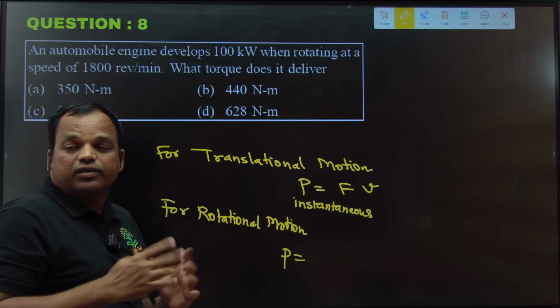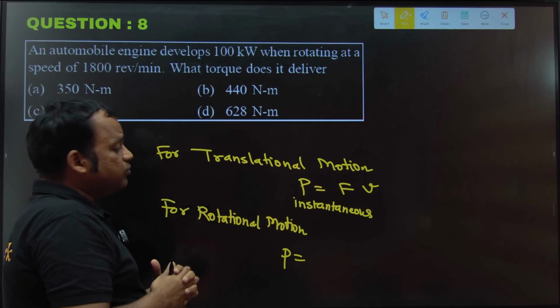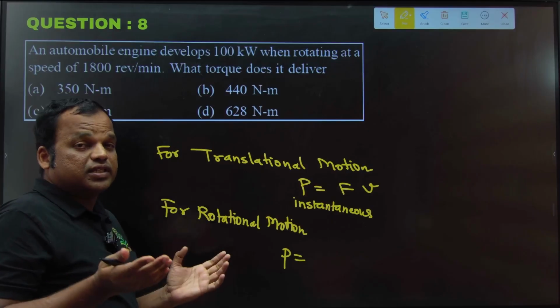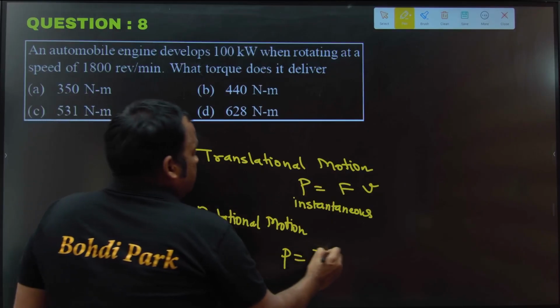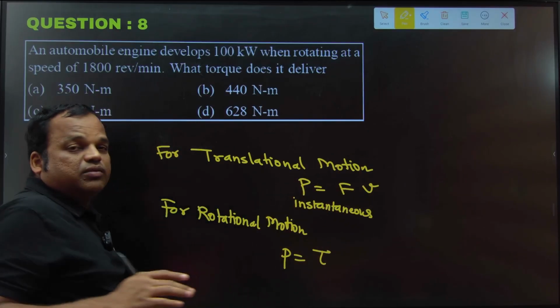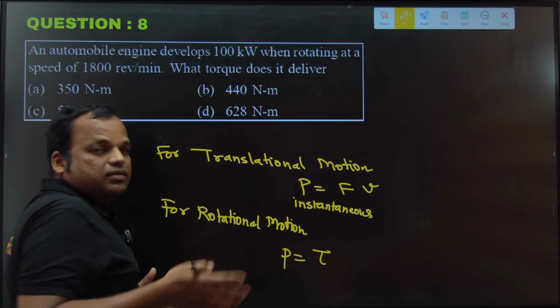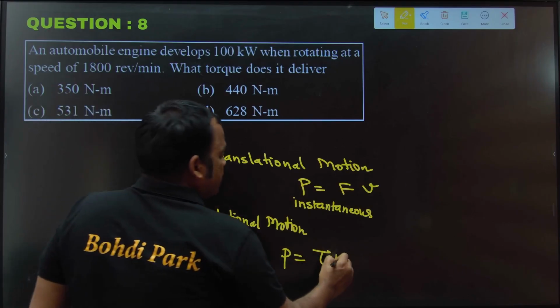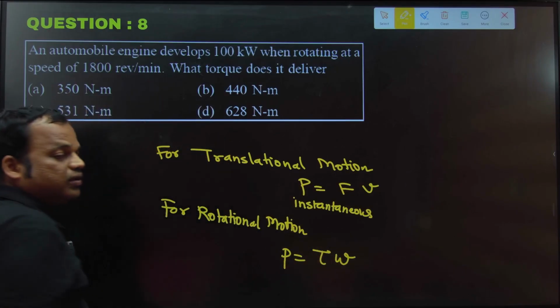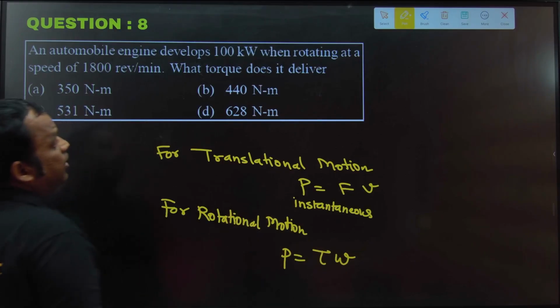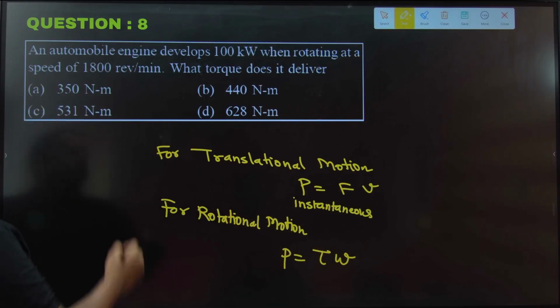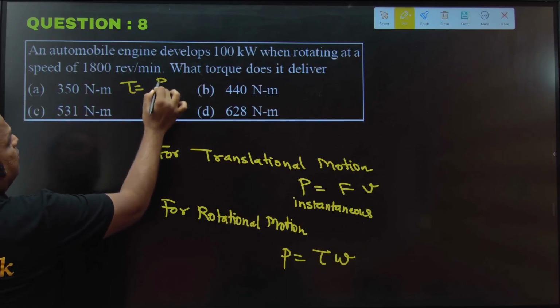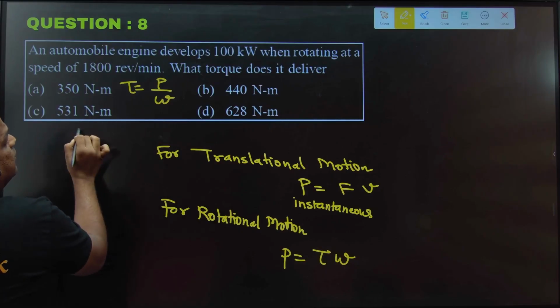So what is the counterpart in rotational motion? Instead of force, we study torque. Instead of linear velocity, we study angular speed. So torque into angular speed is equal to power. We have to find torque, so torque is equal to power upon angular speed.